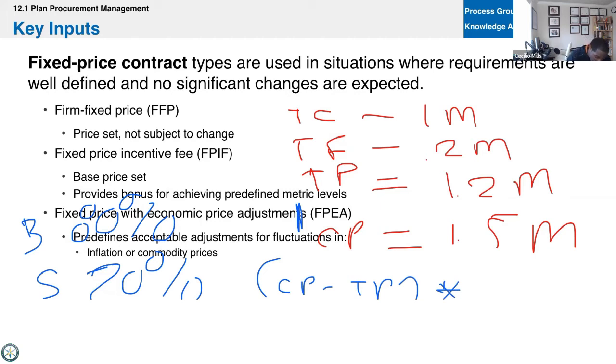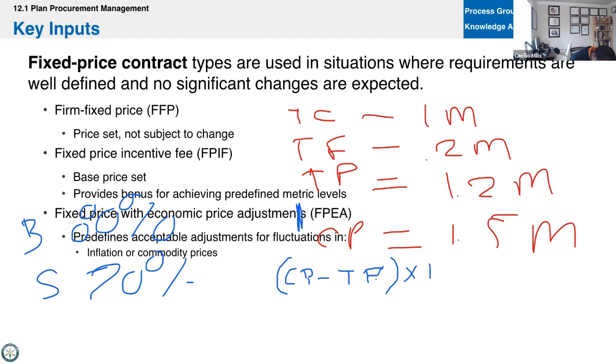So ceiling, let me do this a little more. Let me get my pen. We would do ceiling price minus target price, in parentheses, that times the buyer's share ratio, which in this case is 80%.